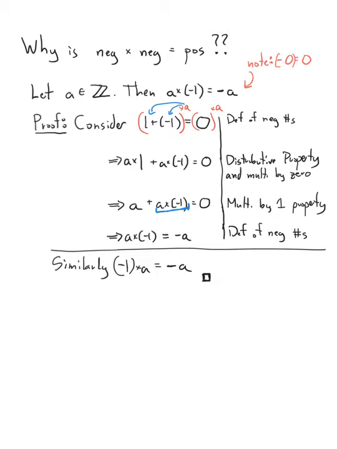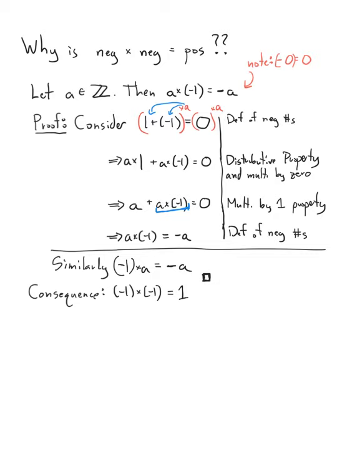Well, as a direct consequence of this, -1 times -1 must be, well, if we say a is -1, then -1 times -1 is going to be the negative of -1. So the negative of -1 is, of course, +1.